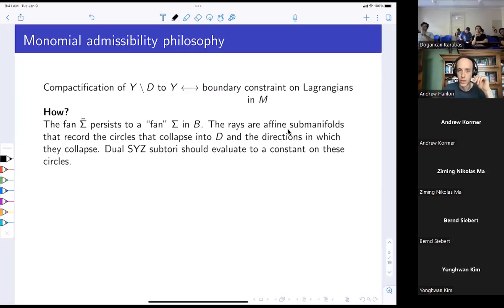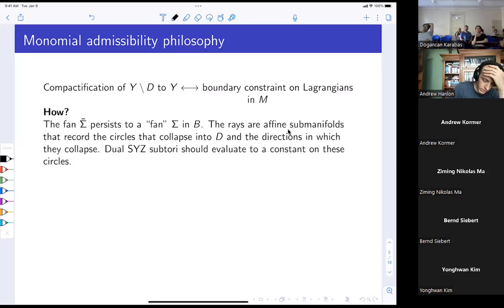Okay, and what you should think is that the story is, what these rays are there for from the SYZ perspective is they tell you which directions at infinity you go where portions of the SYZ fibers collapse.